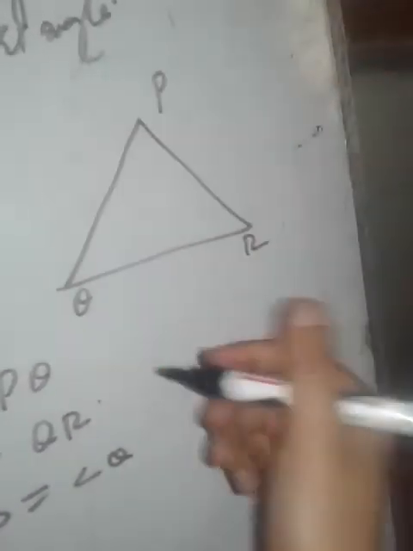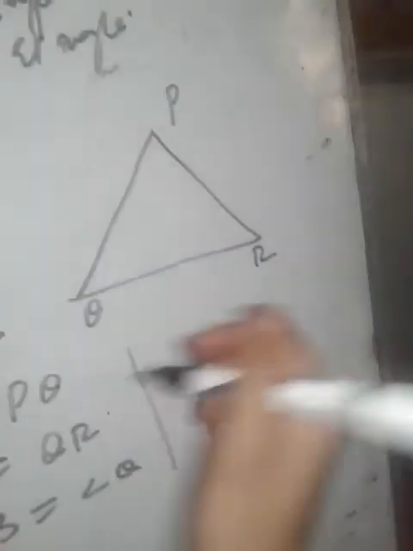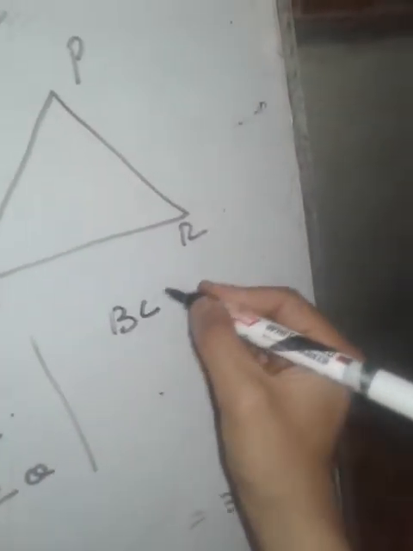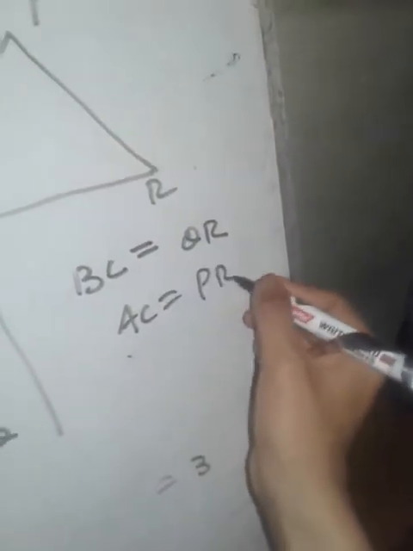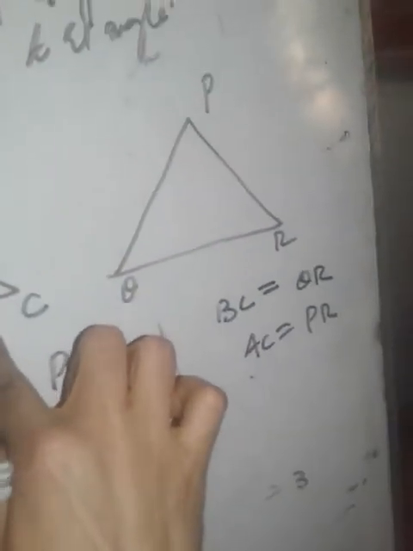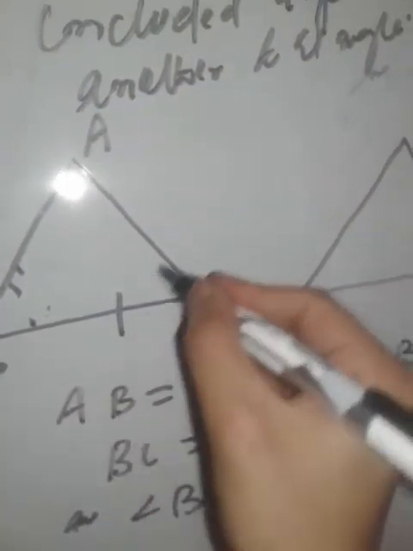Suppose some students choose BC equals QR and AC equals PR. Take a look. BC and AC, this side and this side.